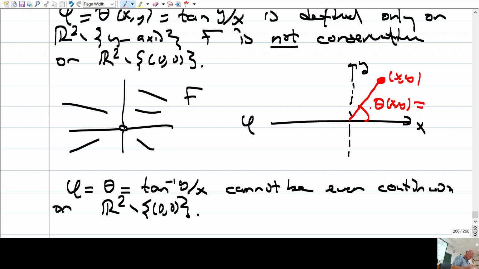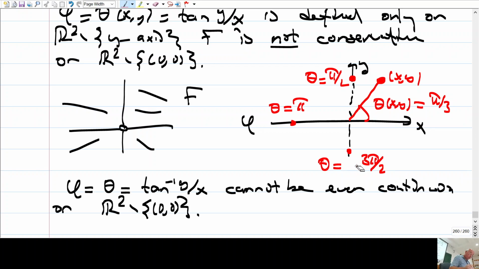Let's say this is like pi over 3, 60 degrees. At this point, theta is pi over 2. At this point, theta is pi. At this point, theta is 3 pi over 2.